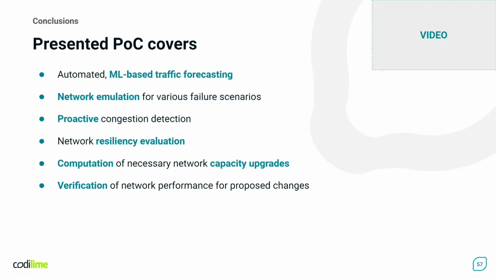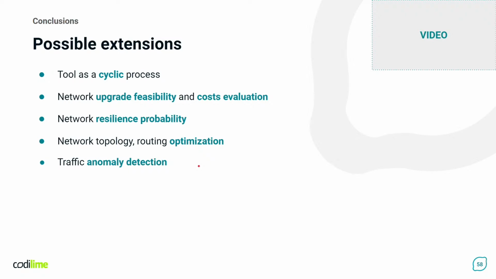Yeah, so above this implemented part, we would like to say a few words about the possible extensions, because the results we showed you are for a single analysis at a given point in time.